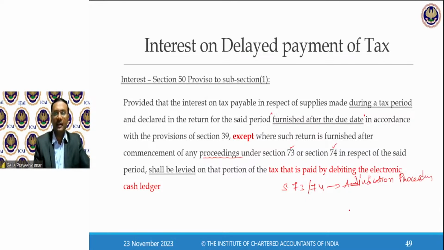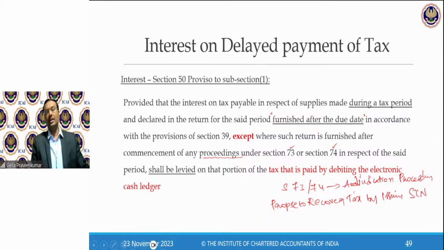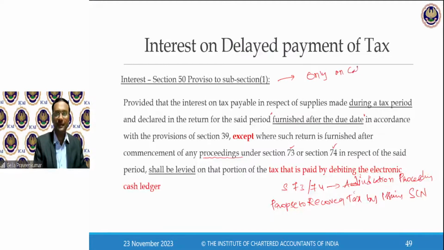That means they propose to recover tax by issuing show cause notice. So government says that, look, if you have filed your returns before issuing a show cause notice, then interest under section 50, subsection 1 is payable only on cash portion.